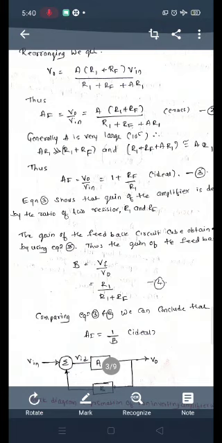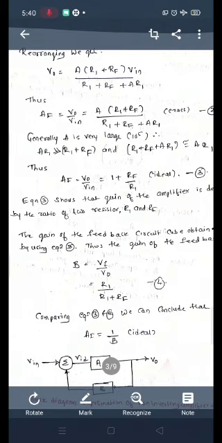And the gain of the feedback circuit can be obtained by using equation number 3, and thus the gain of the feedback B is equal to what? That is feedback voltage divided by the output voltage.